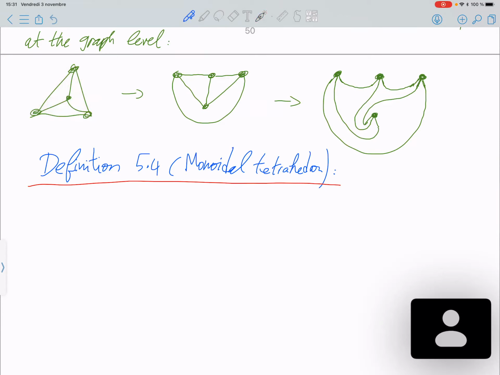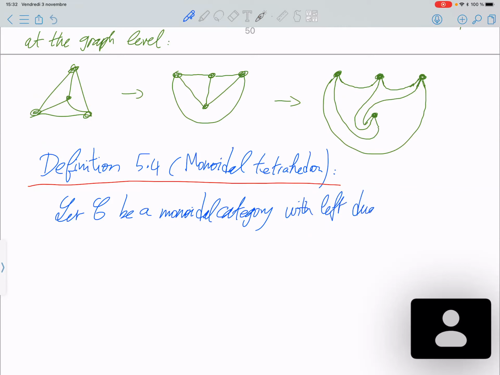Let C be a monoidal category with left duals. Let x_i, i equal 1 up to 6, be objects in the category.